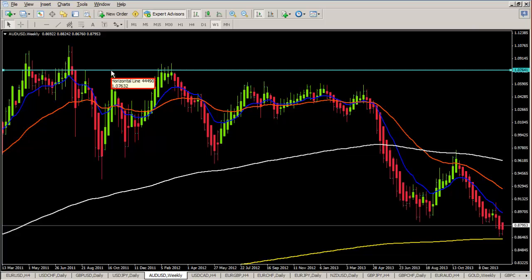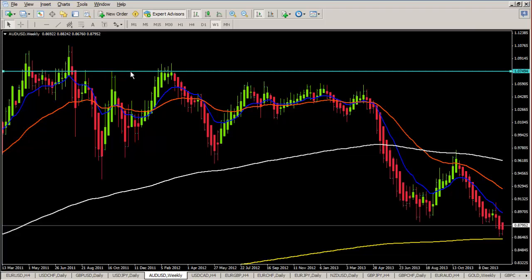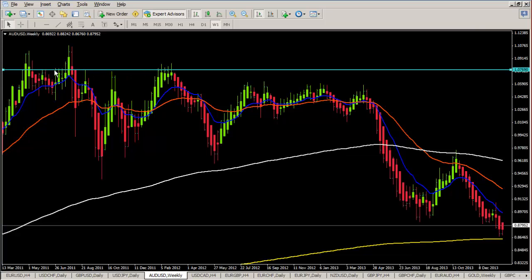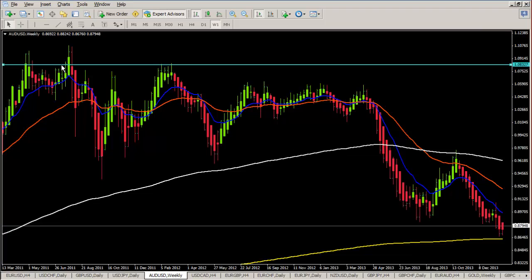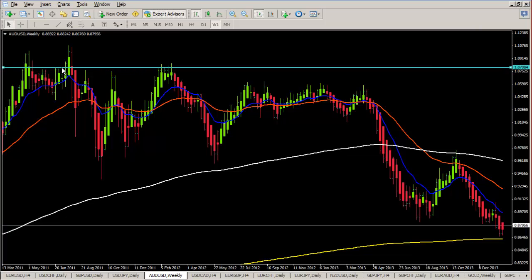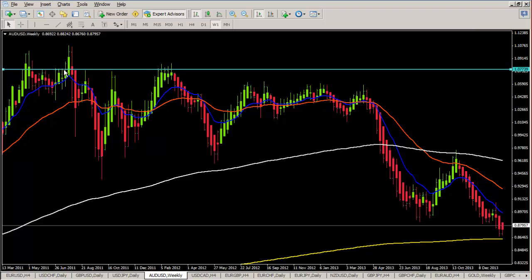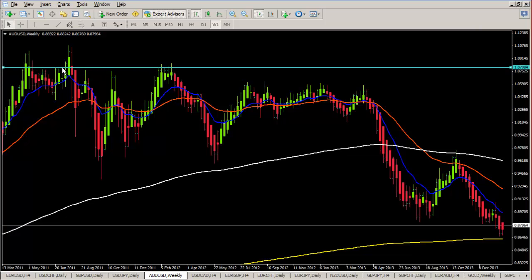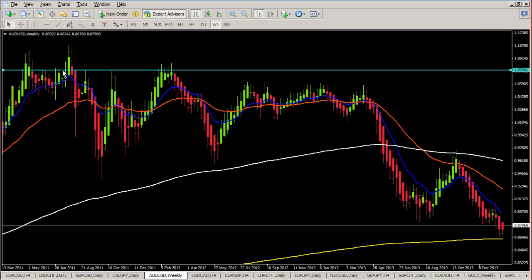And that means not by the pip at 1.0764 you have resistance. It means that between here and somewhere over the spikes, this whole area is an area of resistance, and this is about 150 points on the weekly chart.